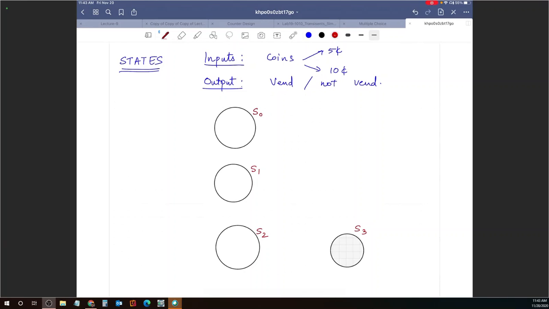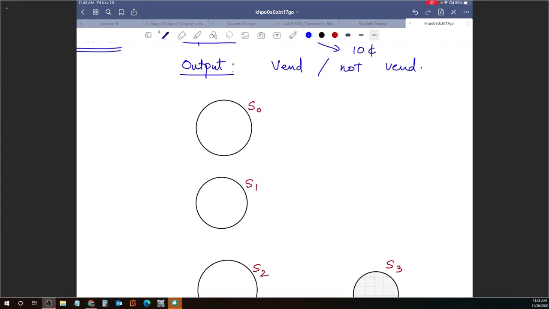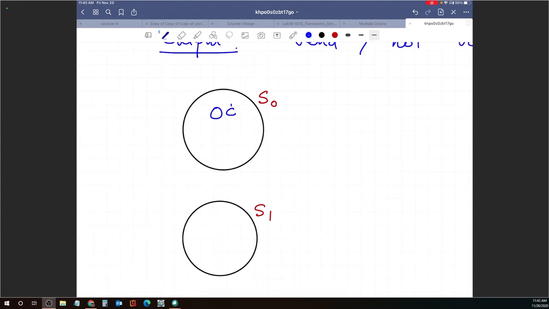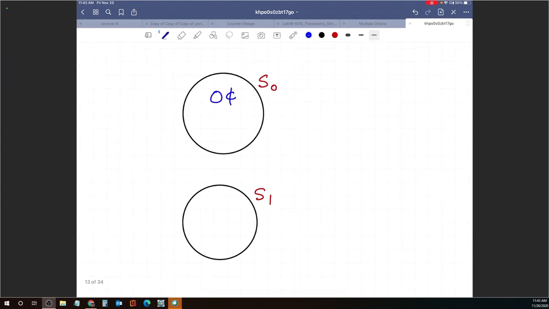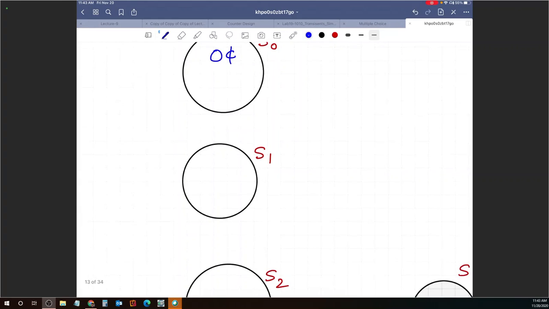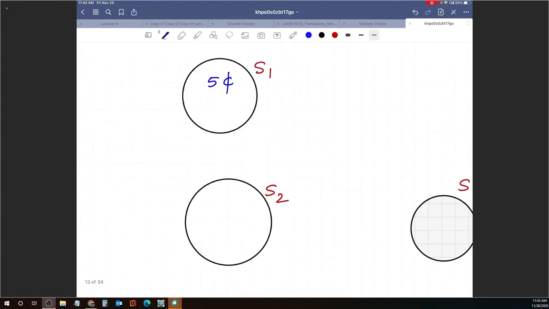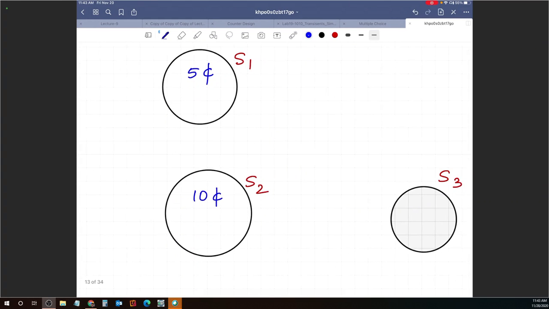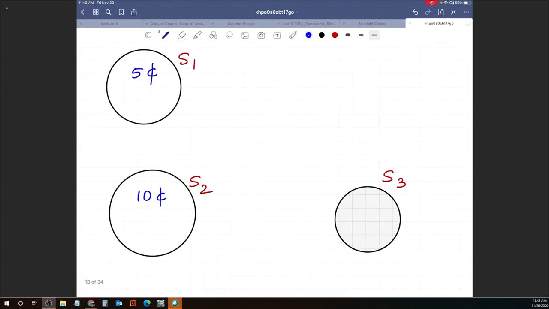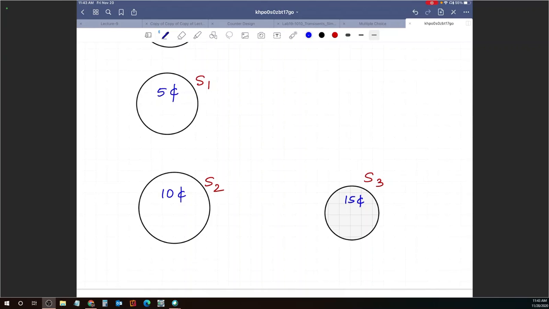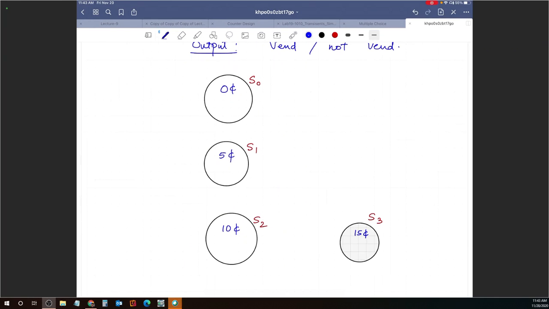Then I will say, what are those states? Well, the first state is user has entered 0 cents, 5 cents, 10 cents, 15 cents. States and their corresponding money that they have.